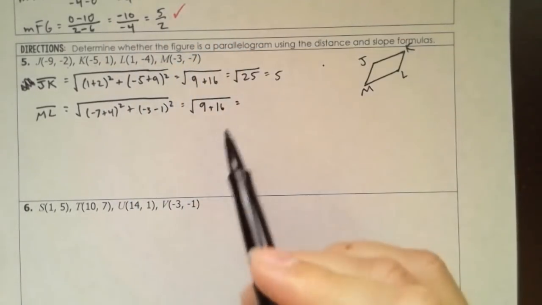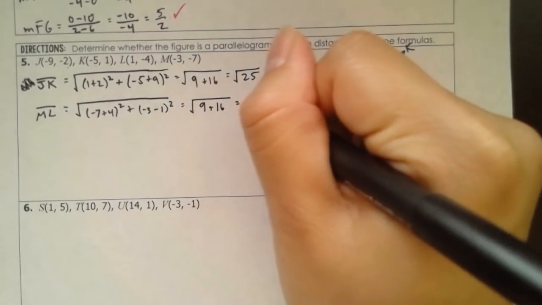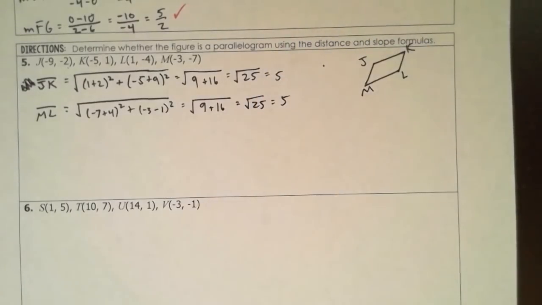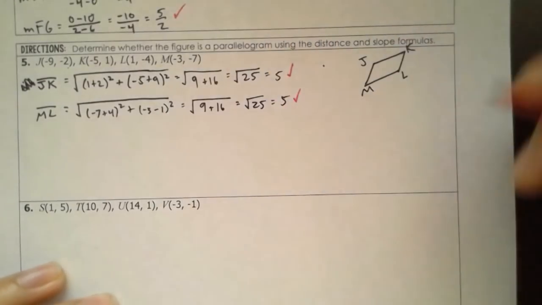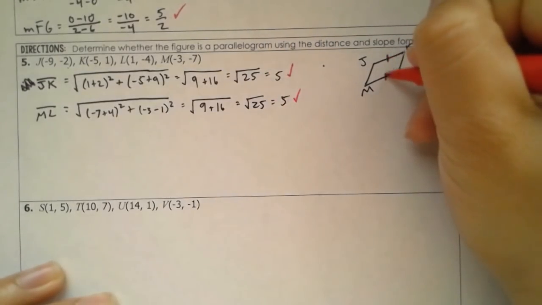And then yeah, it does match up with the top, square root of 25, and that's 5. So we know, we have for sure that JK is congruent to ML.